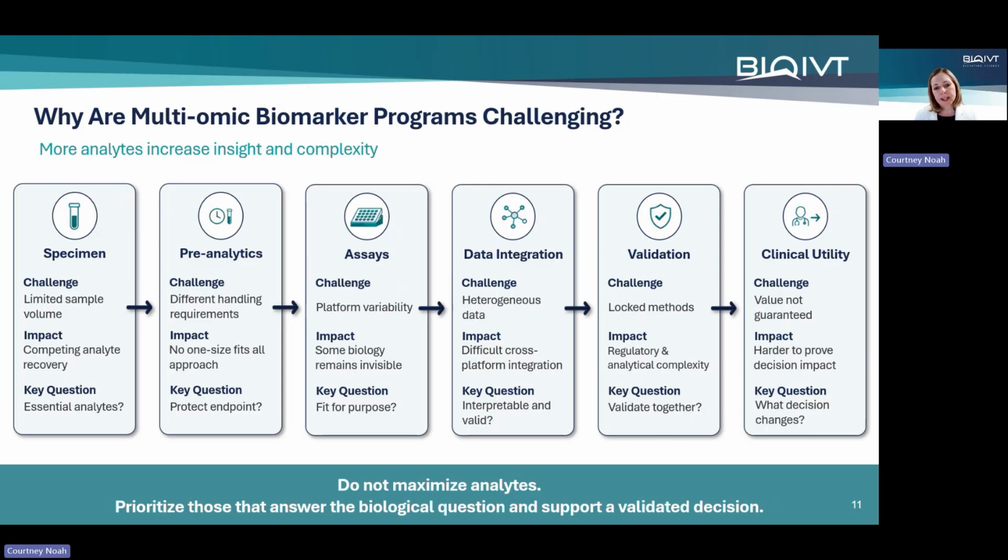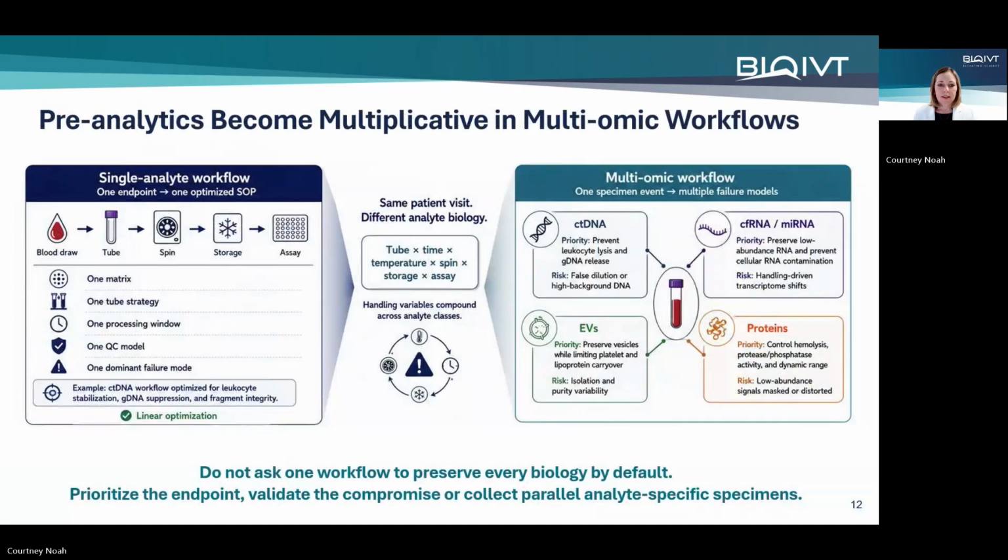Hopefully I've conveyed by now that more analytes do not necessarily produce better biomarkers. The objective shouldn't be focused on maximizing data generation, but should really be focused on addressing the biological question at hand, making sure that's very well defined, and that's going to lead to improved decision making.